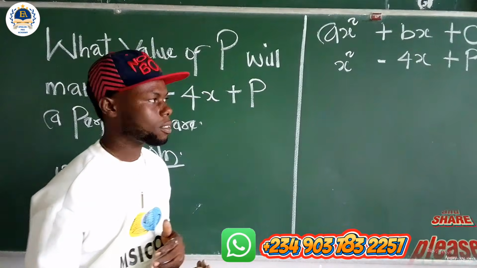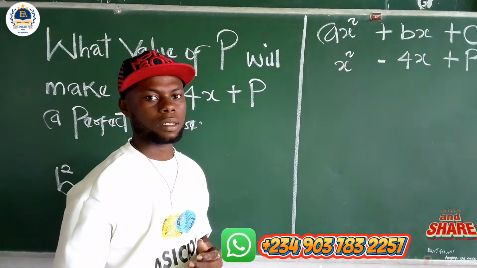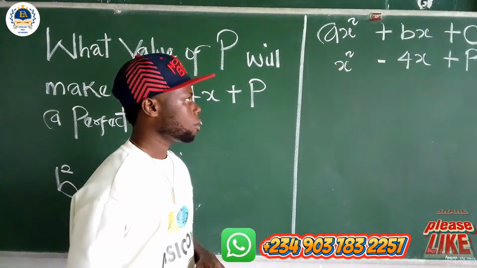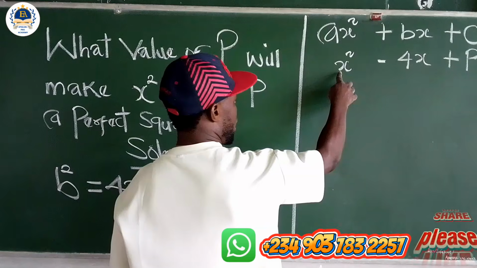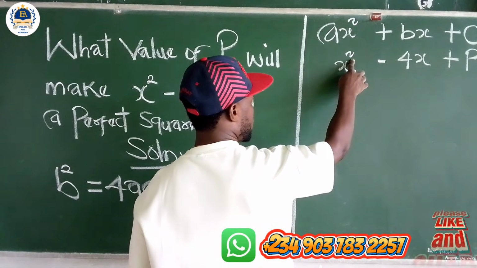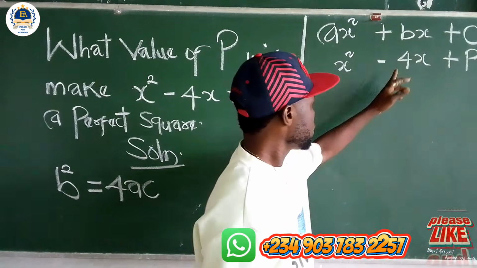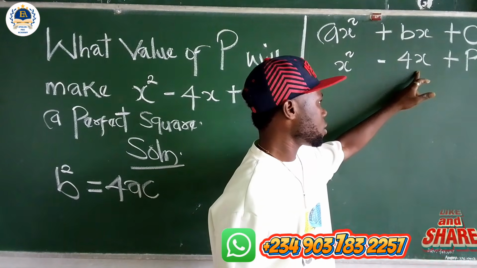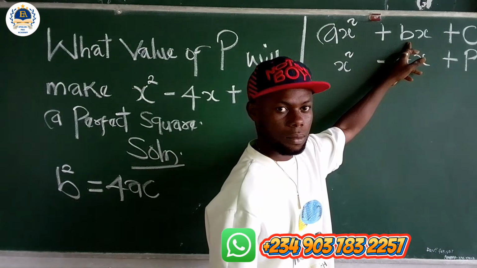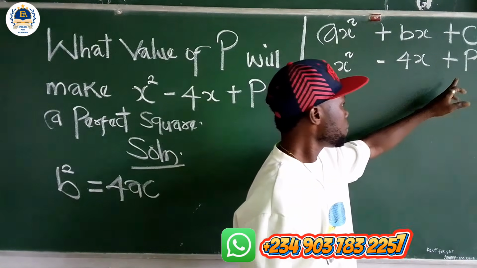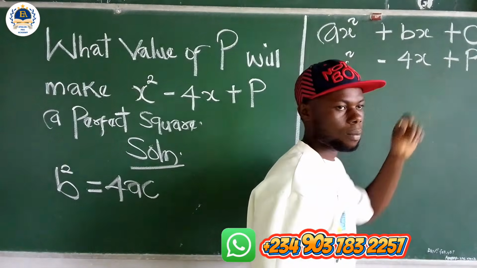By comparison, we can easily obtain the coefficients from this expression. x raised to the power of 2 is equivalent to this term. Minus 4x is equivalent to this term bx. And p is equivalent to c.